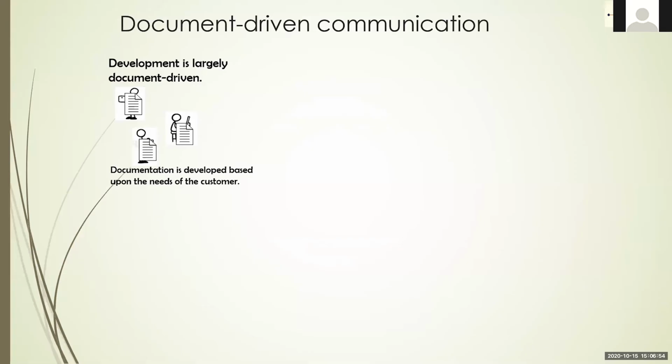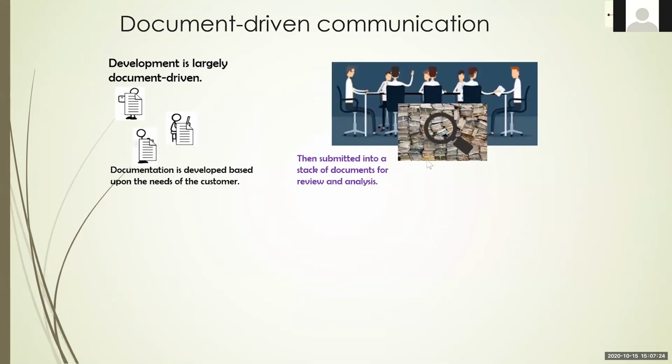Now, let's try to understand what happens when we are developing those systems and how communication takes place in those organizations. Mainly, all the information is driven by documents. We interview our customers, get the requirements, and create documents.